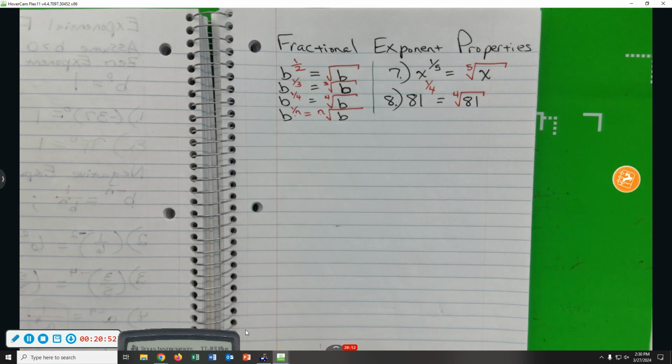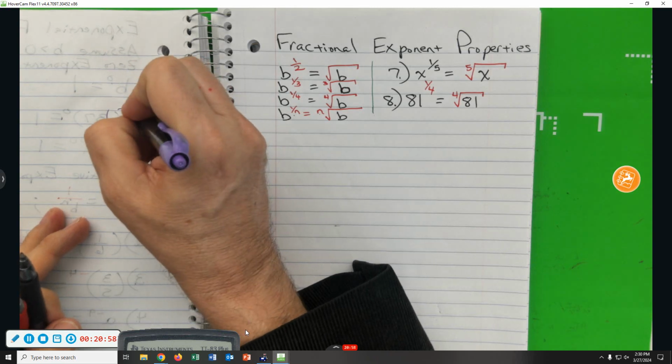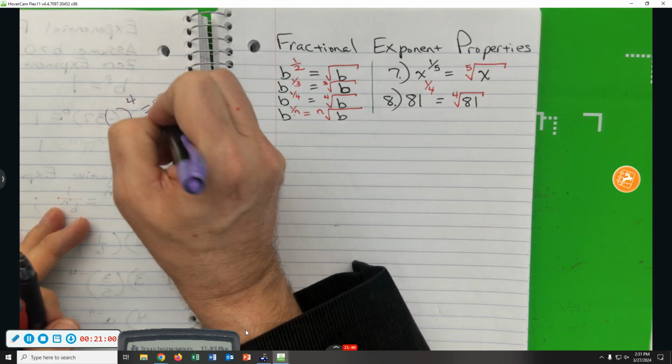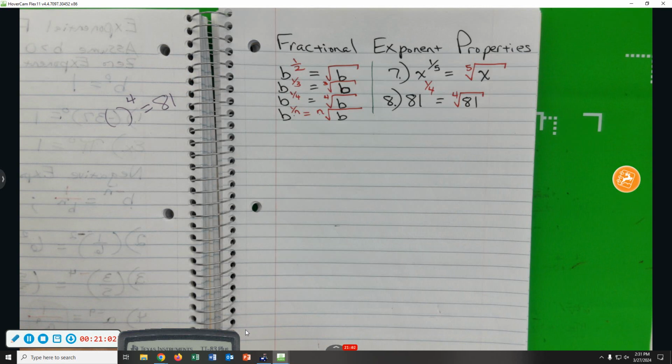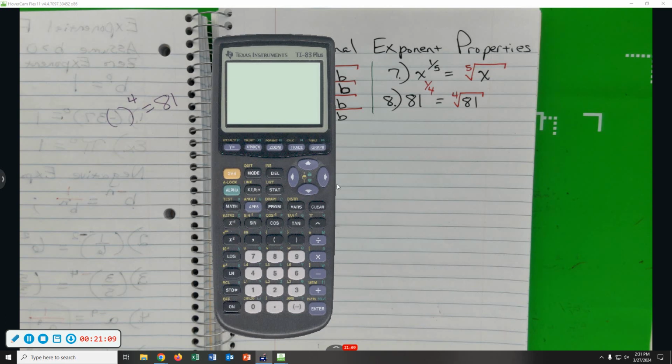And now let's see. Maybe we'll figure this out without needing a calculator. What number can you raise to the 4th power to give you 81? What times what times what times what? Any ideas?